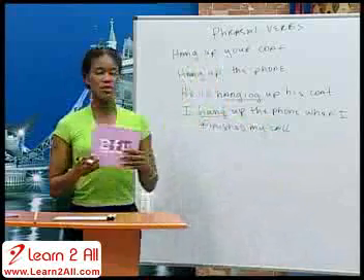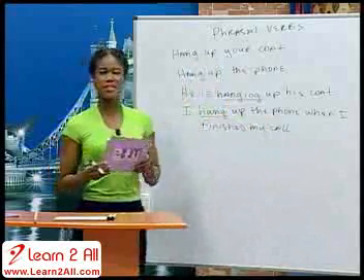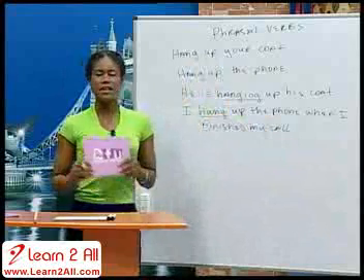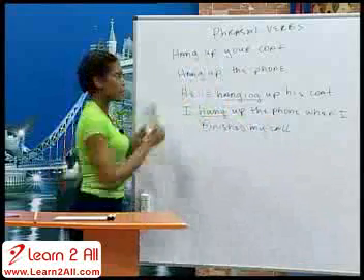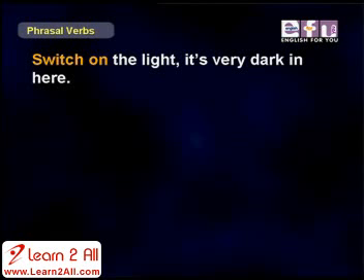Okay, let's look at some examples of sentences with phrasal verbs so that you can see how we use them. First example, switch on the light. It's very dark in here.